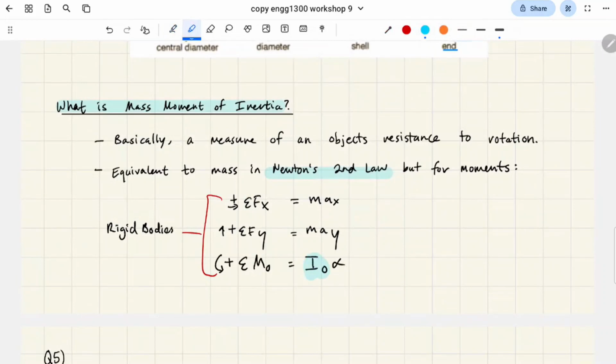So it's equivalent to mass, but for rotation. But to even get that number is kind of hard. You have to jump through quite a few hurdles because it's very shape dependent. How an object rotates is very shape dependent, and it's going to determine how much resistance it has to rotation, and about which point you rotate it. So that's what I is. Think about it like this as well.